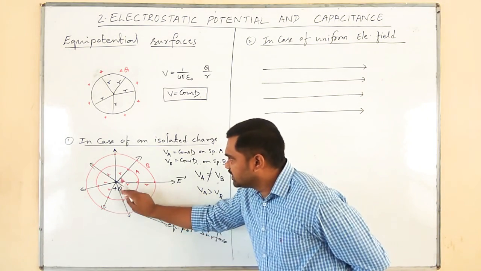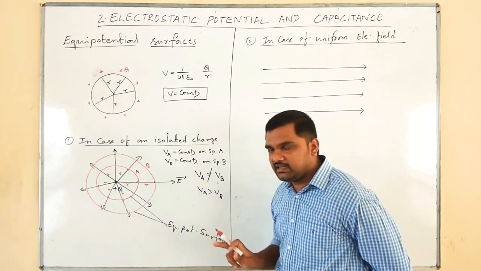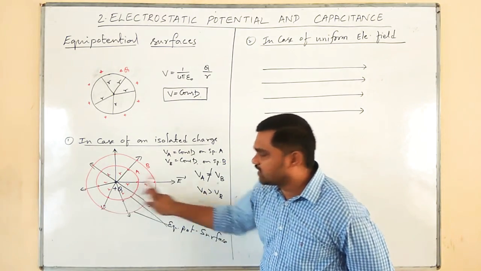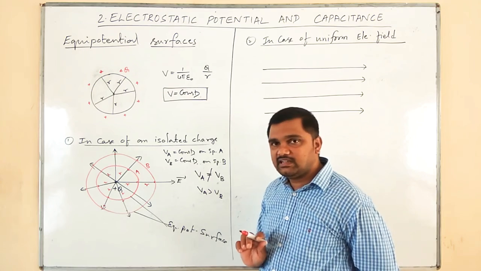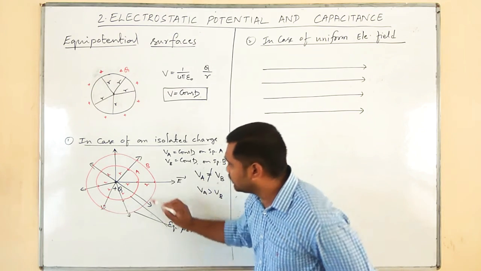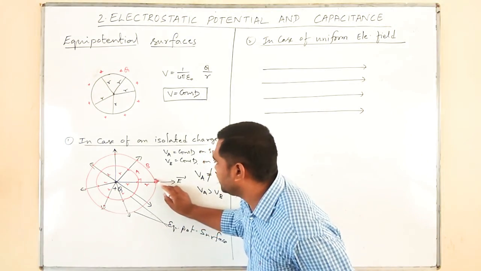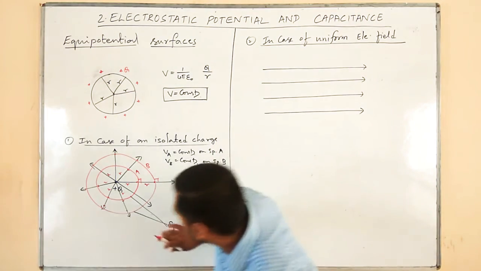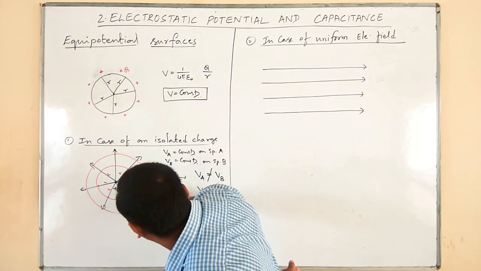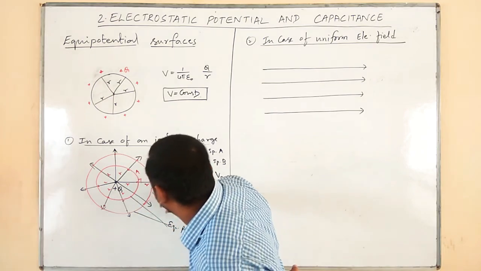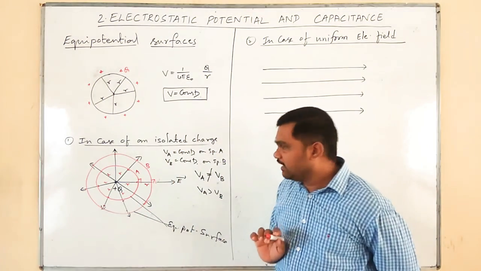Here, since it is the center of the sphere, any line drawn from the center to the circumference represents a normal. Therefore, here the angle is 90 degrees. Actually, it is not a sphere. Like that, if you take any line, this angle will be 90 degrees.